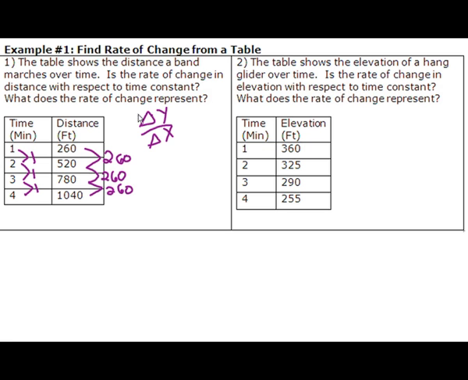Now the triangle represents a delta symbol, and delta means change in. Well, the change in y is 260. It's going up by 260 each time, so that goes on top of our fraction. The time is going up by 1, and that's the x value. So I take 260 divided by 1, which is 260.